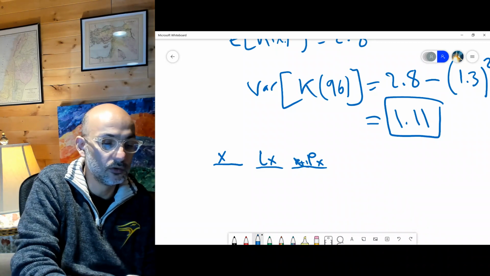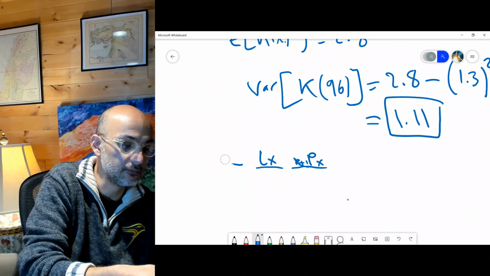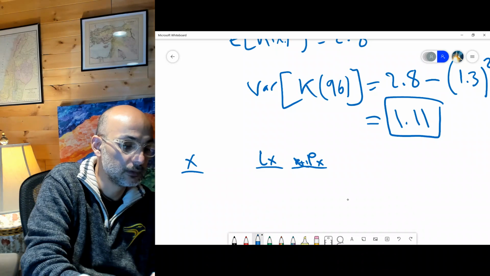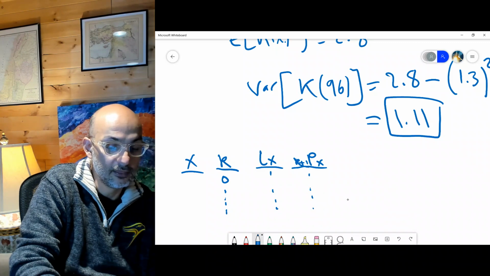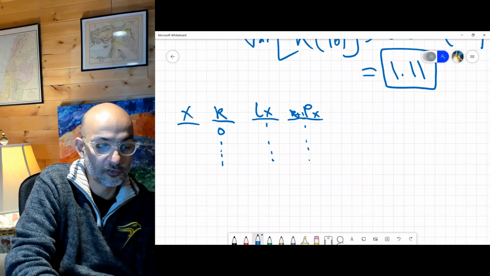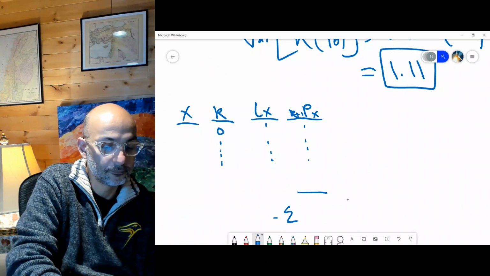Also maybe you start with x, you add k, you define what is k, start with 0, and then if you sum this up, this will give you e.